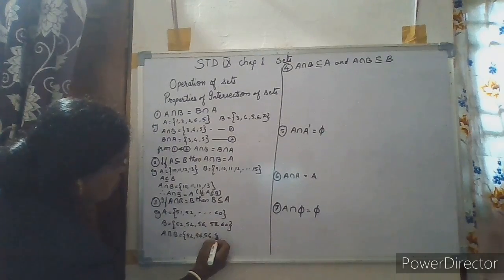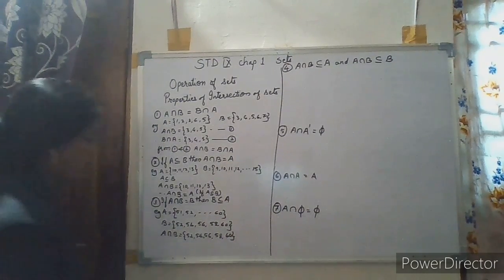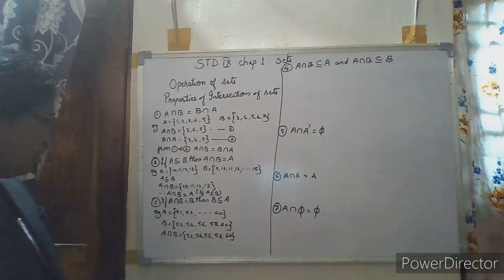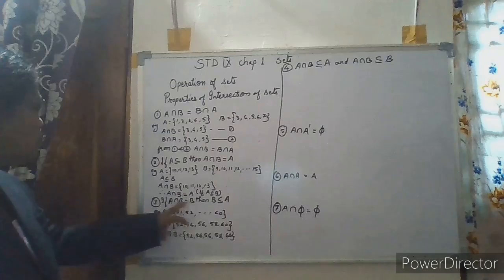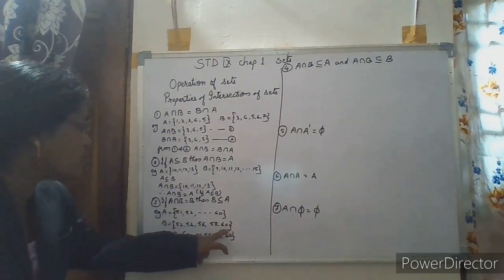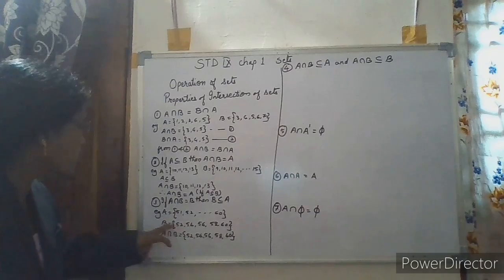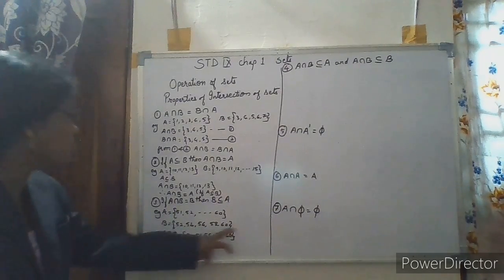This is A intersection B. Now, A intersection B is equal to set B. You can see that the elements in set B and A intersection B are the same.